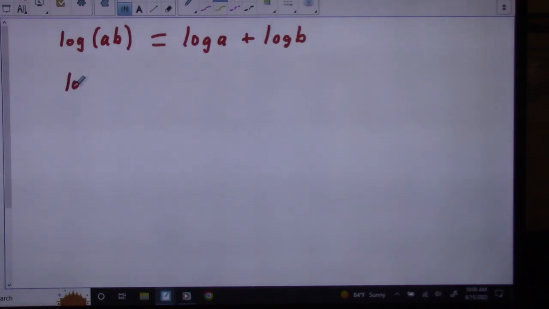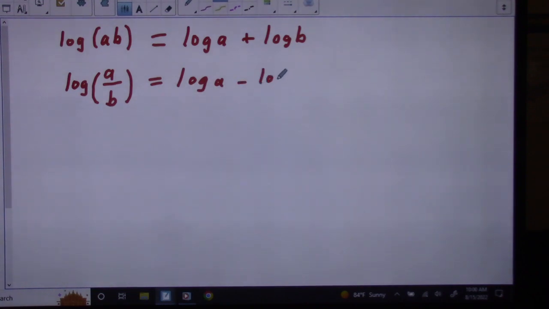If you have the log of A over B, it's going to be log A minus log B. And there's one more rule of logarithms. If you have log of A to the power of B, it's going to be B log A. I don't want you to be worried too much about this because we're going to be going over these rules a lot later on this semester.